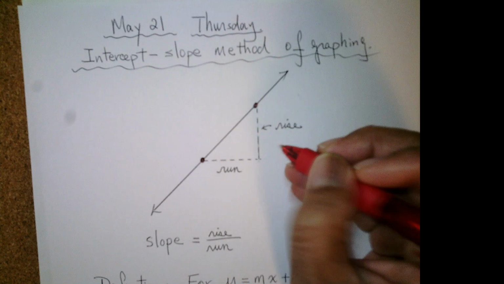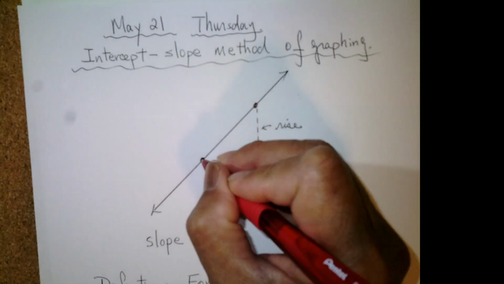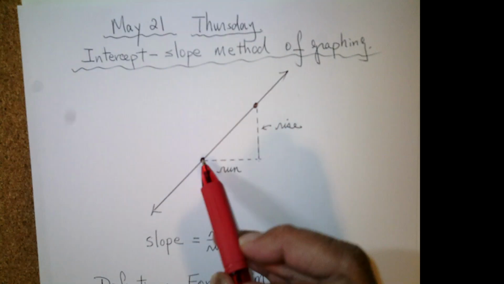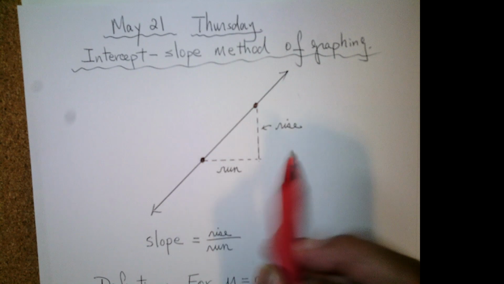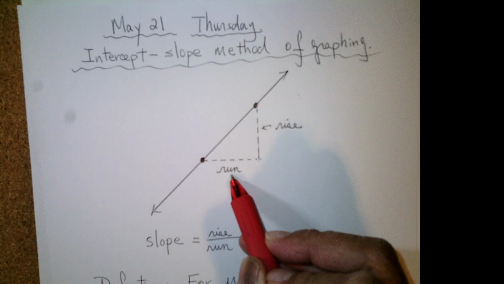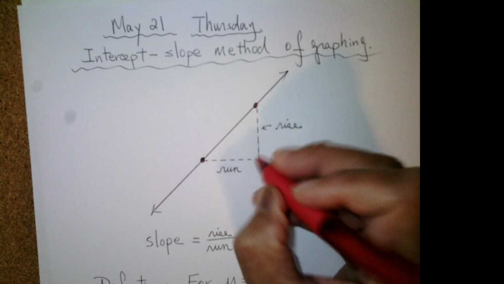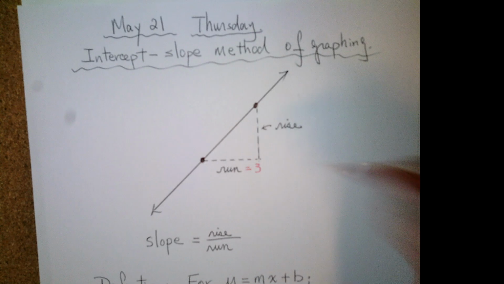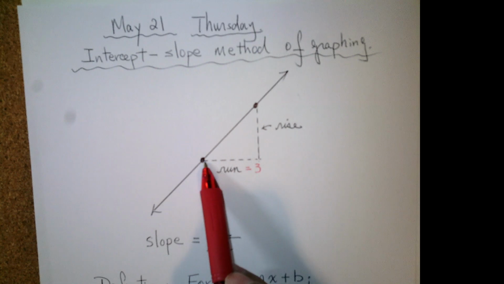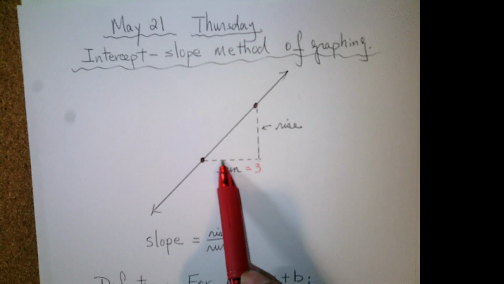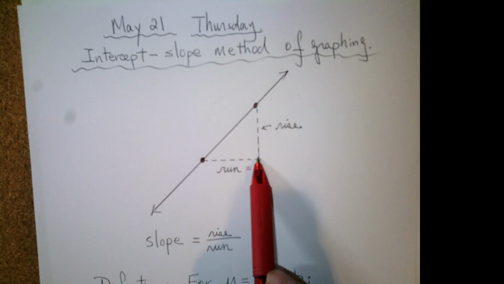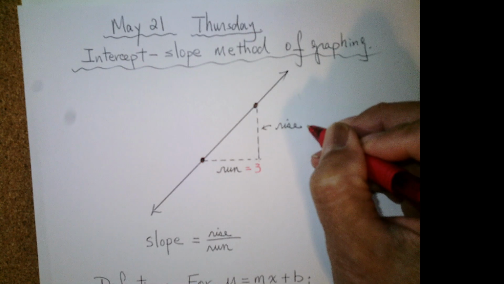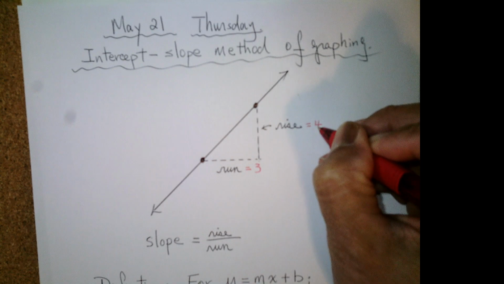And if somehow there's a way to find a starting point, let's say this point is given and the run is given. Let's say the run in this case is 3 units. So we can just draw 3 units, draw a broken line, 3 to the right. And let's say the rise is 4 units.